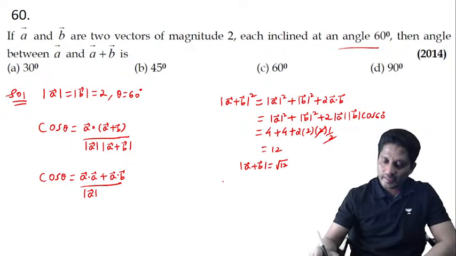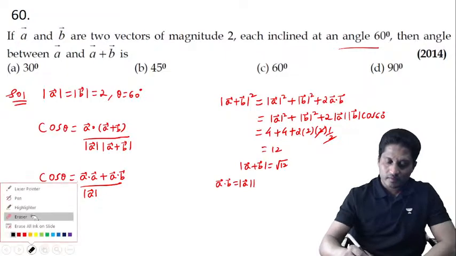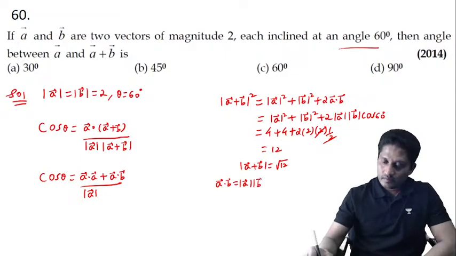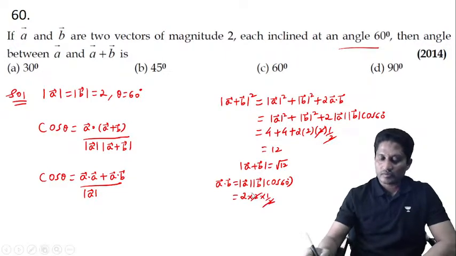Right, and then A dot B is equal to mod A into mod B into cos theta, that is cos 60. Mod A is 2, mod B is also 2, cos 60 is half. This will cancel, you will get 2.